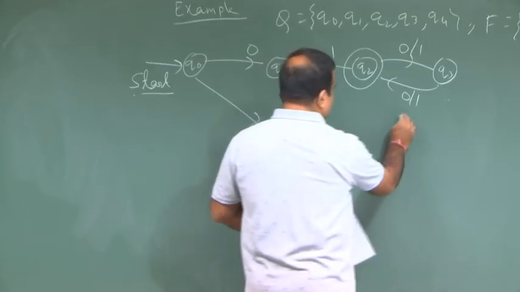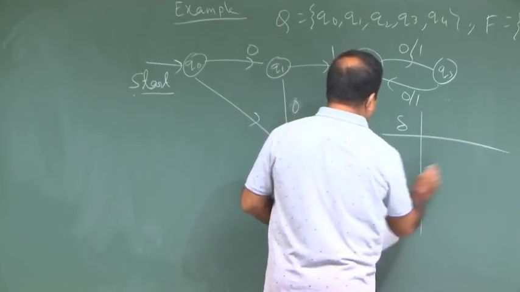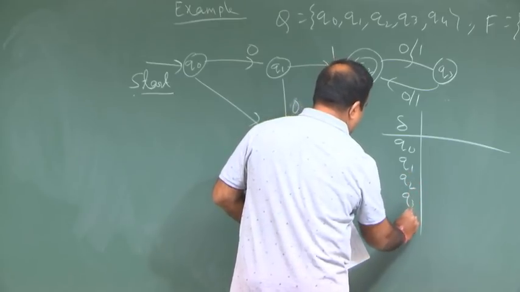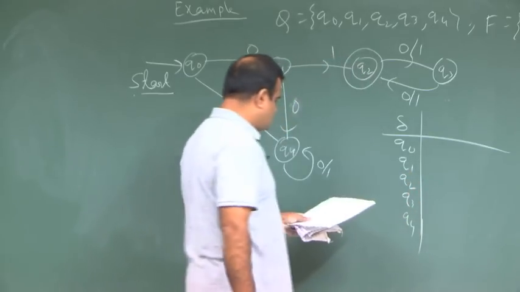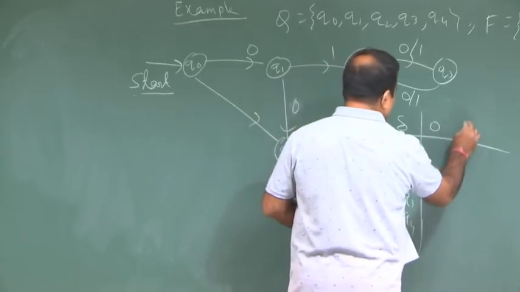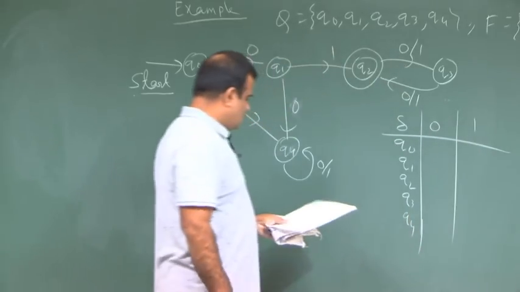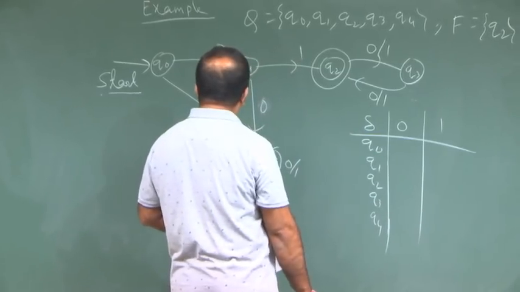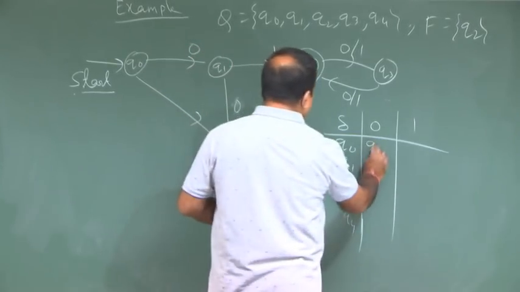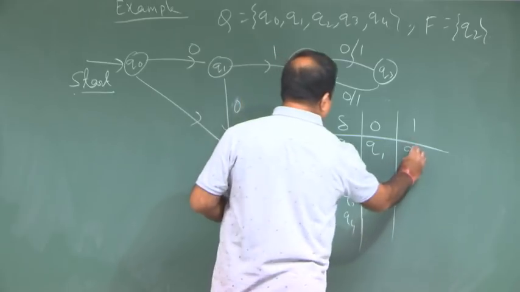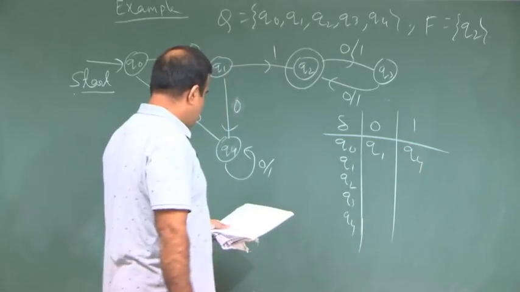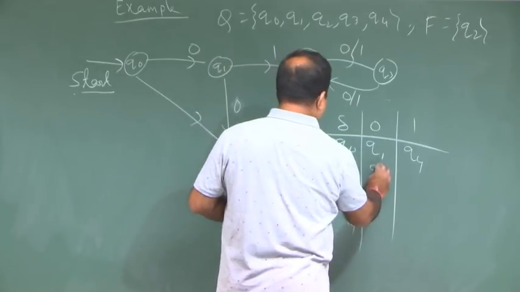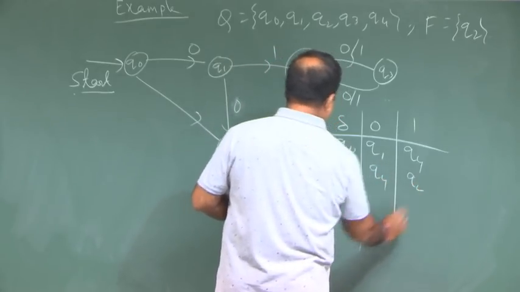So, delta is the rule: q0, q1, q2, q3, q4, there are 5 states and we have 0 and 1. So, from q0, if we see a 0, then we will go to q1, and if we see a 1, we will go to q4. And from q1, if we see a 0, we will go to q4, and if we see a 1, we will go to q2.